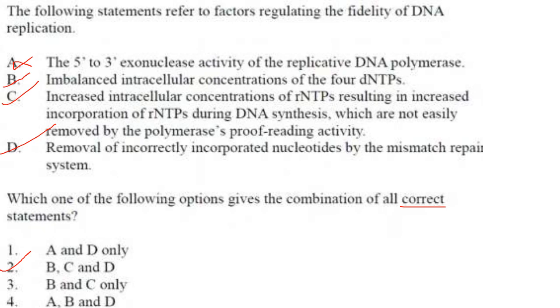Imbalanced intracellular concentration of the 4 dNTPs. That is correct. Increased intracellular concentration of rNTPs resulting in increased incorporation of rNTP during DNA synthesis, which are not easily removed by the polymerase's proofreading activity. That is also correct. Removal of incorrectly incorporated nucleotides by the mismatch repair system. That is also correct. So B, C, D are correct, whereas A is the only one that is wrong. So the answer is option 2.